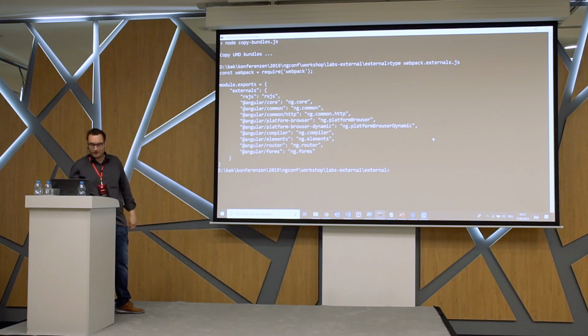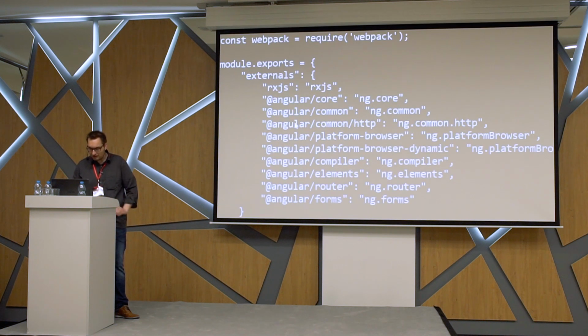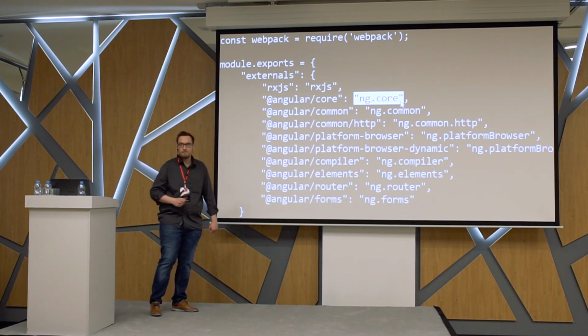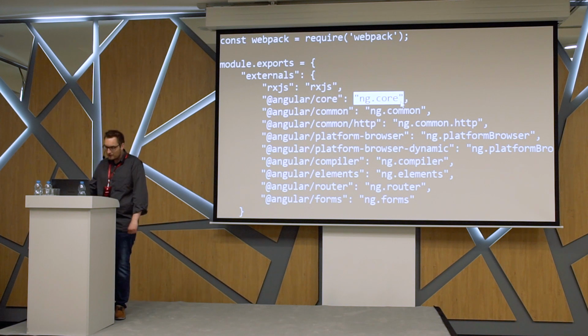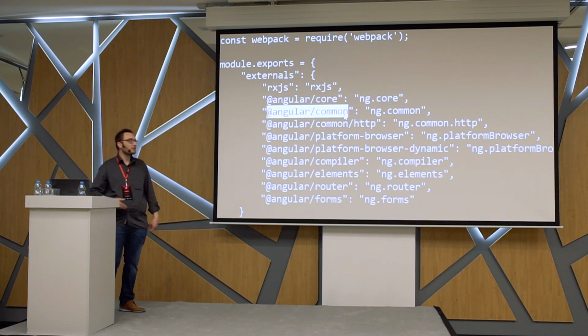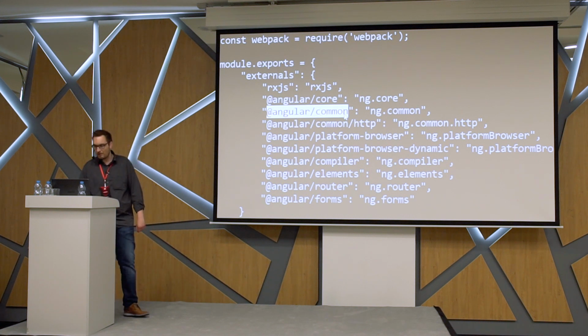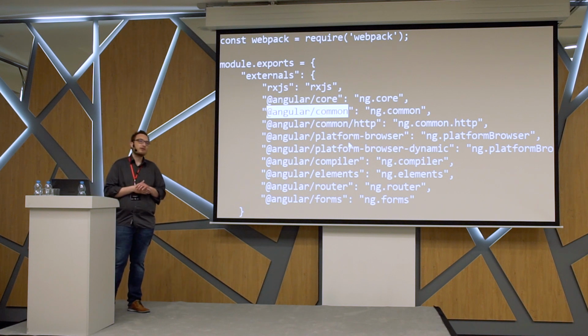And if you look here, it is just saying, please do not bundle Angular core. Instead of this, expect that you will find the same things in your window object using window.ng.core. And it tells you, please don't bundle Angular common. Instead of this, look into the window object to window.ng.common. Do the same with RxJS, do the same with all the rest here.